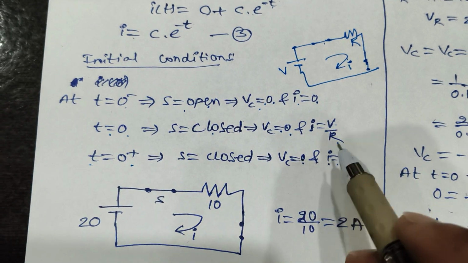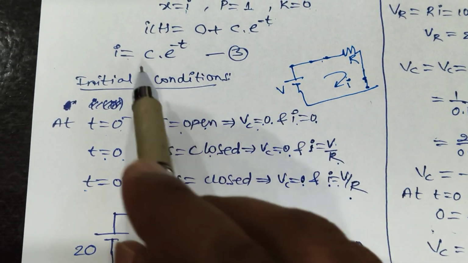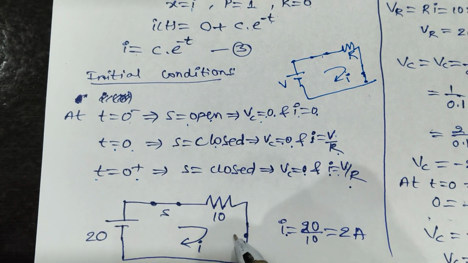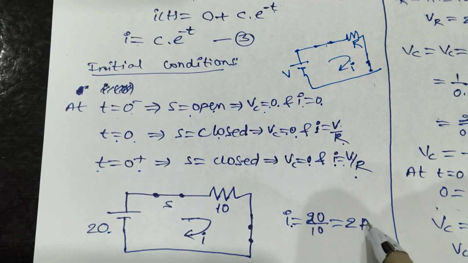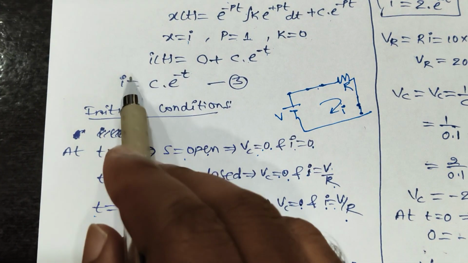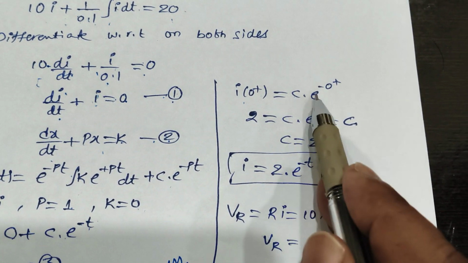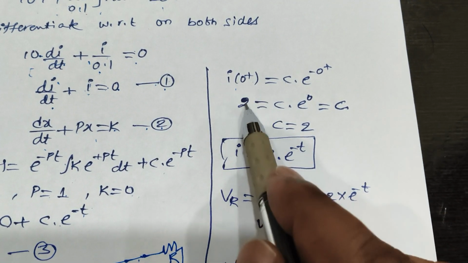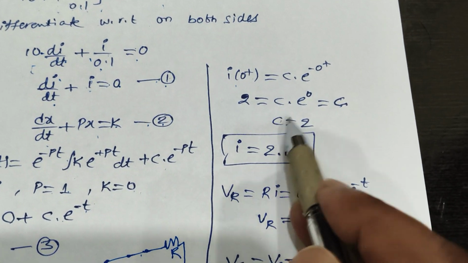By substituting these initial conditions, at t is equal to 0, what is the I value? I is equal to 20 by 10, which is equal to 2 amperes. This 2 amperes is substituted in the equation at t is equal to 0 plus: I of 0 plus is equal to c into e power minus t, where I of 0 is 2 amperes, c into e power 0, so c is equal to 2.